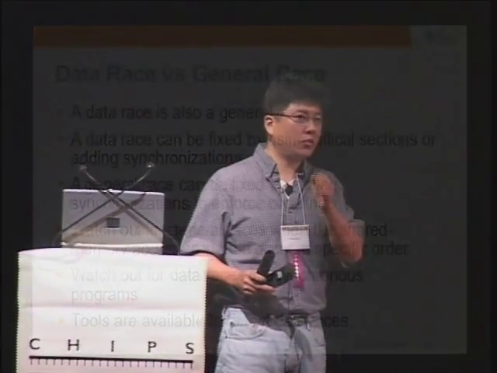You need to check whether your program has a general race. If your program can allow some asynchronous behavior, then you should watch out for data races. There are tools available that can be used to detect data races, but I'm not aware of any tools that can help you detect general races.